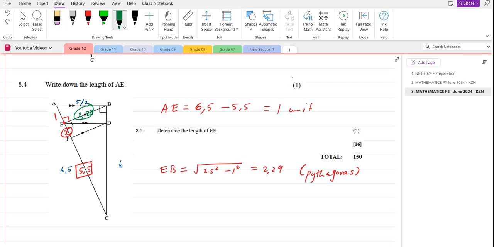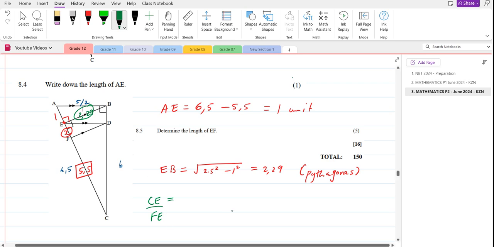What's BD? Let's try to use prop theorem. So if we say CF over FE, CF, do we have CF? No, we don't have CF. Okay, we can say CE over FE. We're trying to use this triangle here.